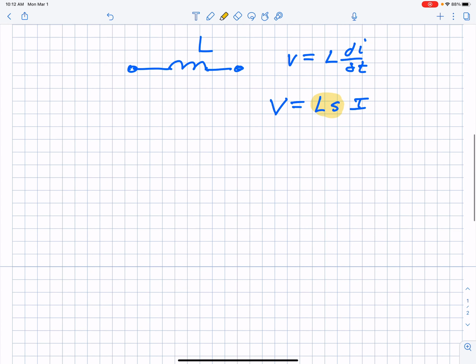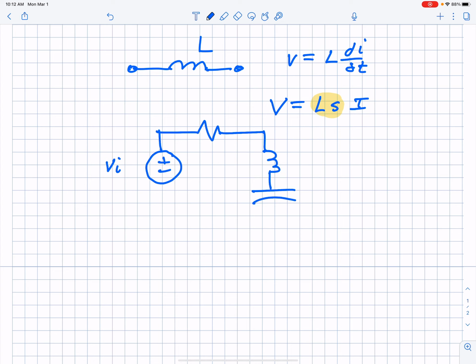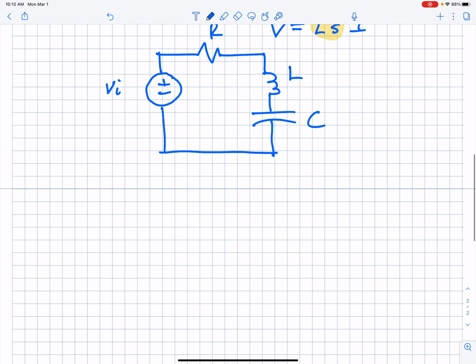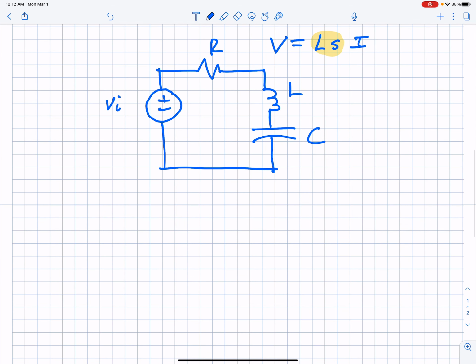All right. So if I had a simple circuit, I have a circuit here, plus minus v_i of t, and here's a resistor, here's an inductor, and here's a capacitor. R, L, and C. I can move this circuit into the Laplace domain by taking the Laplace transform of everything.